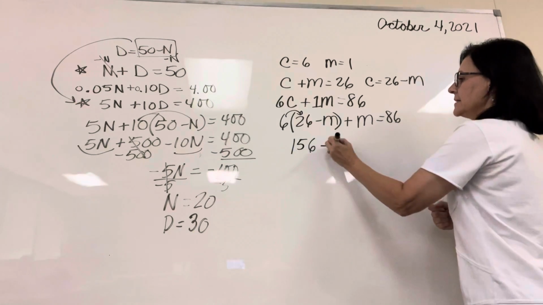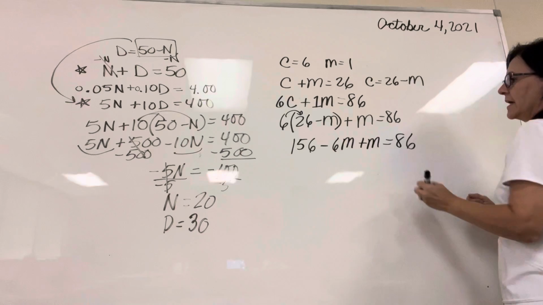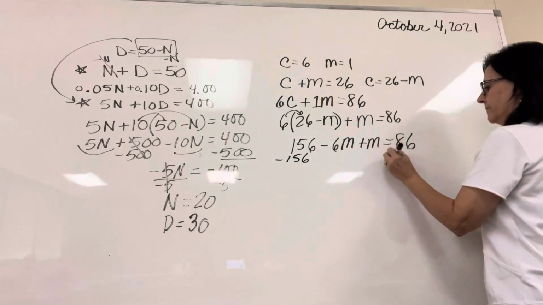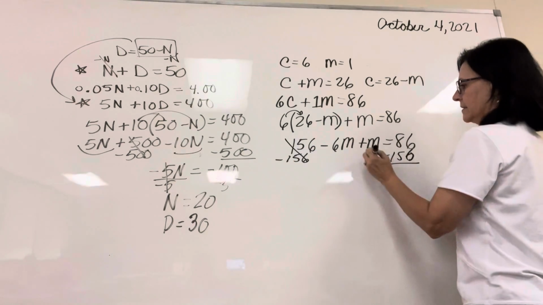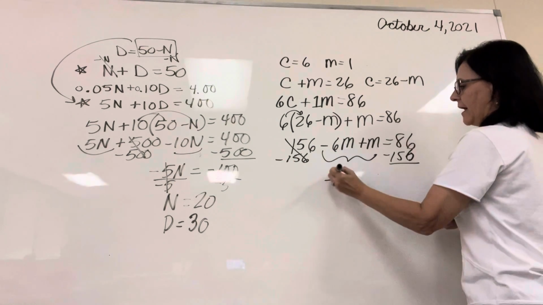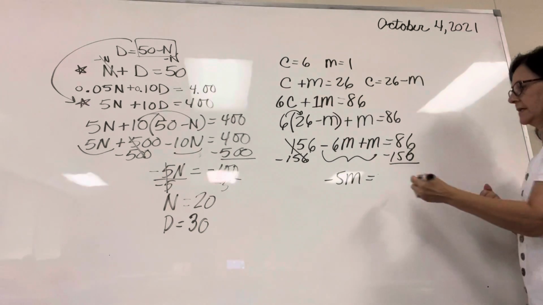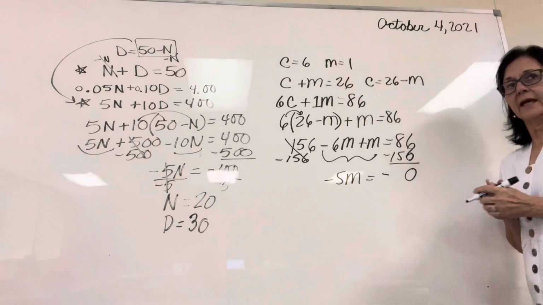All right, 156 minus 6M plus M equals 86. Subtract that 156 from both sides. Combining our like terms on the left, negative 5M. What's 156 minus 86? 70. Negative 70.